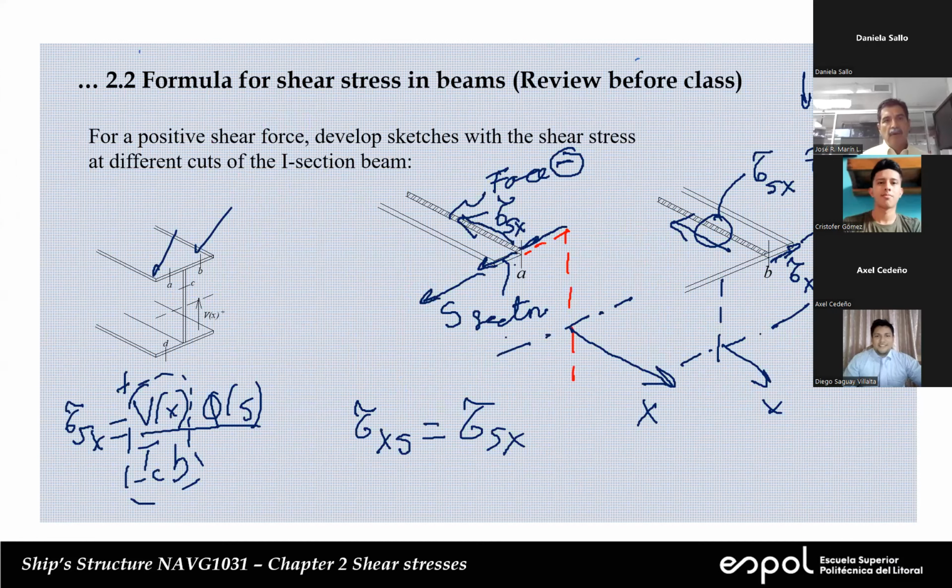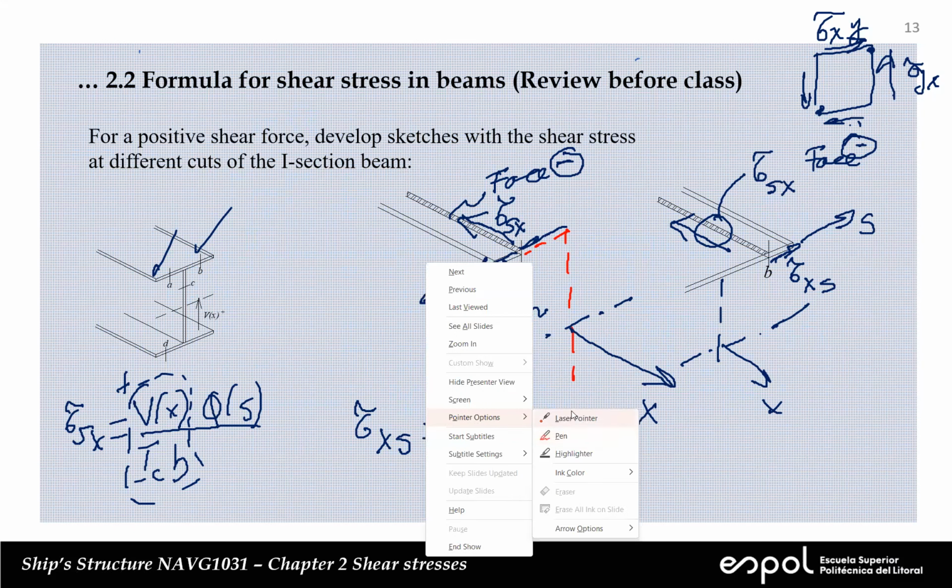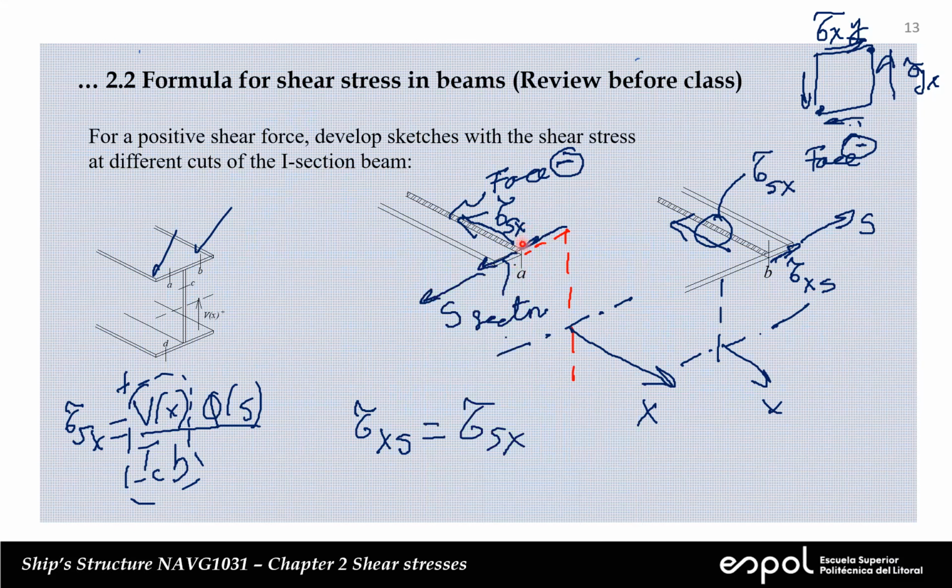For example, if we want to analyze a segment, we define it starting at cut A, right? So you see here that we have a segment. This segment starts here and goes all the way up to this edge, and this edge is free. So tau zx would be 0 because it's open, right?